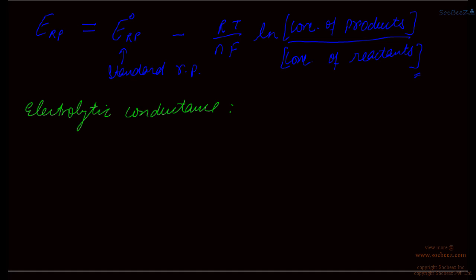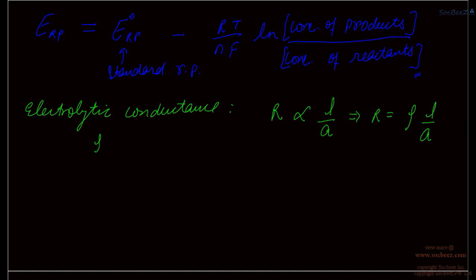Ohm's law is valid for metallic conductors, we know that, but it is also valid for electrolytic conductors. Okay. Now, in the case of electrolytic conductors, R, that is resistance, is directly proportional to L upon A, where L is the length and A is the area of cross section of the solution column held between the electrodes. Okay, so from here we get R equals rho into L upon A, where rho is the resistivity.